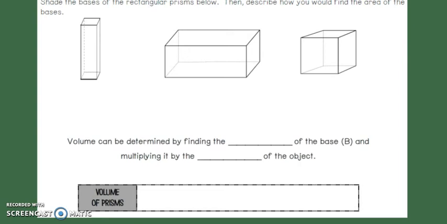We want to shade the bases of the rectangular prisms below, and then we want to describe how to find the area of the bases. So the first thing we're going to do is we're going to color the bases. These bases appear to be square, which is also rectangular. The second figure.